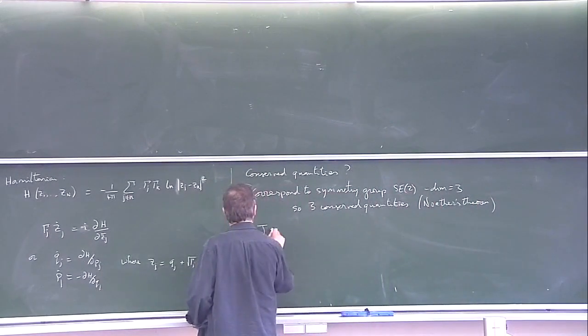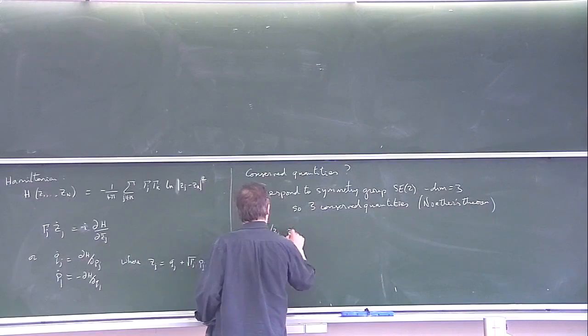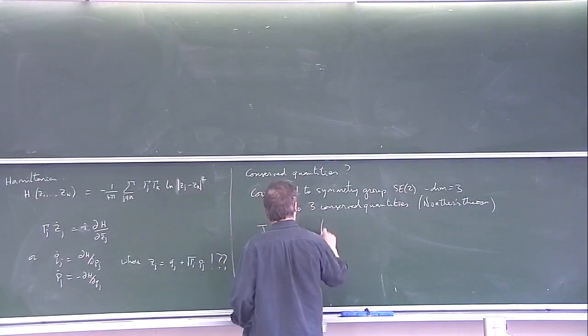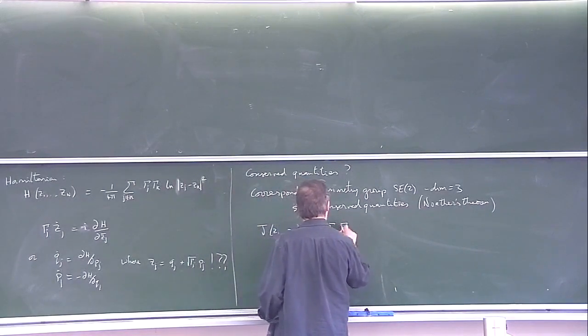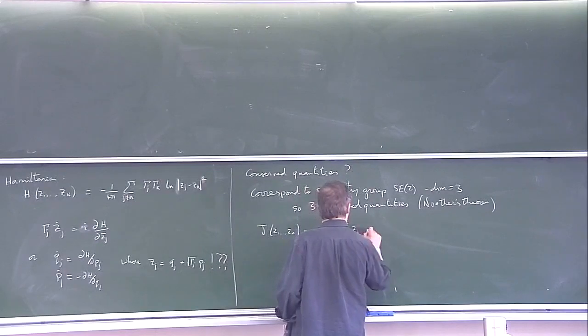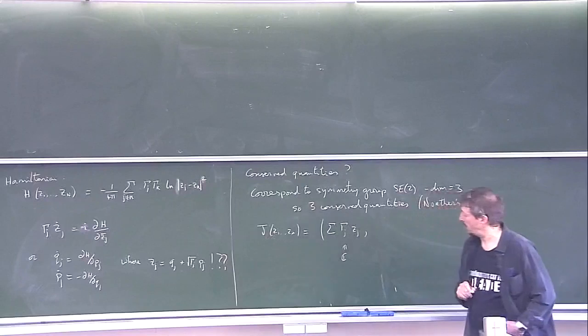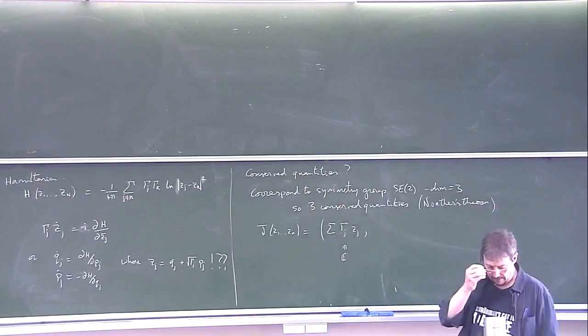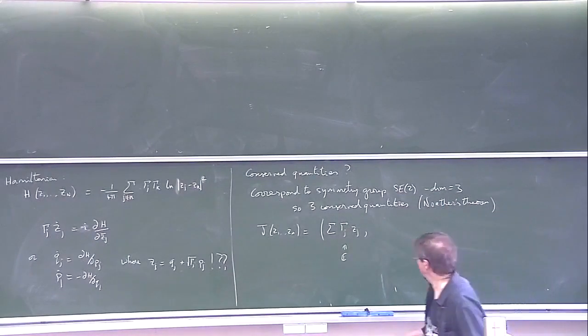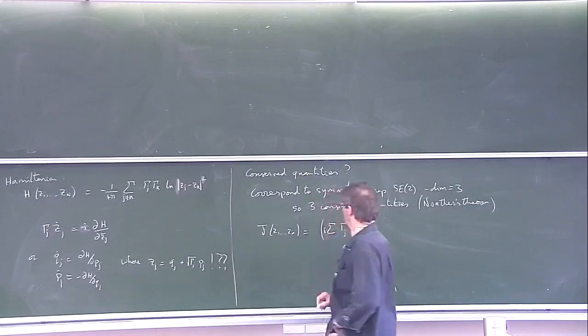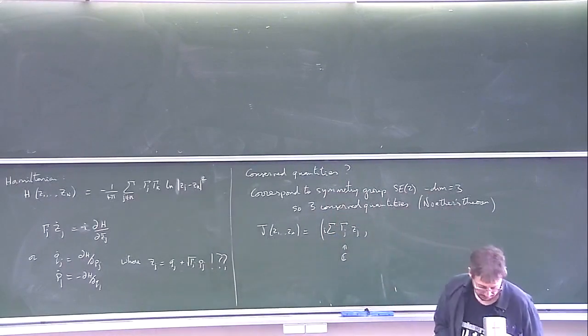I'm going to write them as J. So that's in C, so there are 2 conserved quantities there. That's like a center of mass. I think to get it quite right, one puts an i in front.